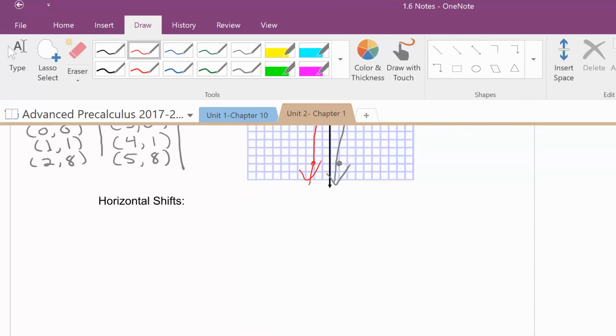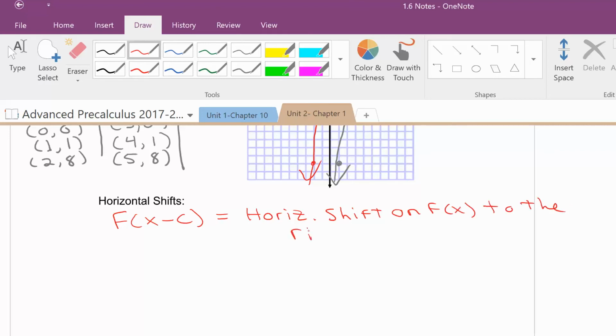So horizontal shifts go as follows. If you have f of x minus c, it's a horizontal shift on f of x to the right c units.